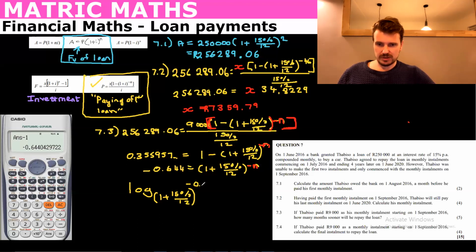Number is the number by itself, which is this, negative 0.644, equals, and then the exponent, which is minus n. Okay, so now what I can do is put that into the calculator.